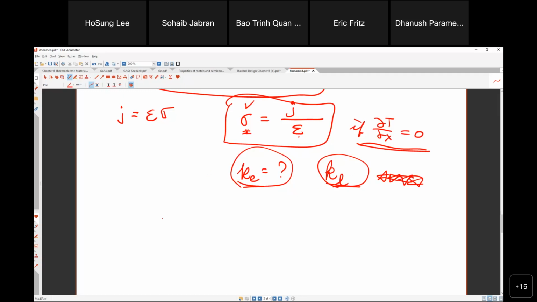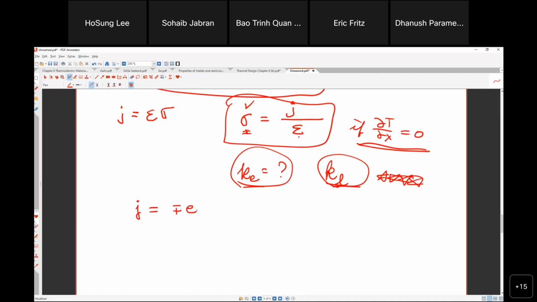So let's look at the electrical current density. It is associated with the charge, but in the inverse direction.